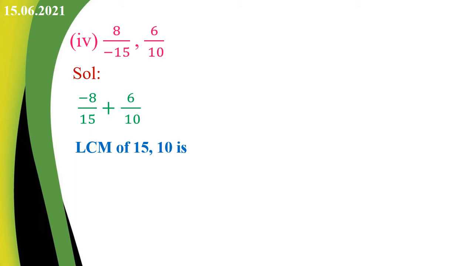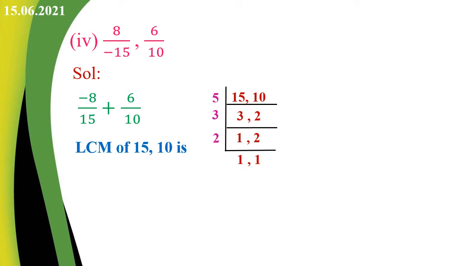LCM of 15 and 10: on dividing by 5, we get 3 comma 2, that is 3 5s are 15, 2 5s are 10. On dividing by 3, we get 1 comma 2. On dividing by 2, we get 1 comma 1. LCM of 15 and 10 is 5 into 3 into 2, which is equal to 30.